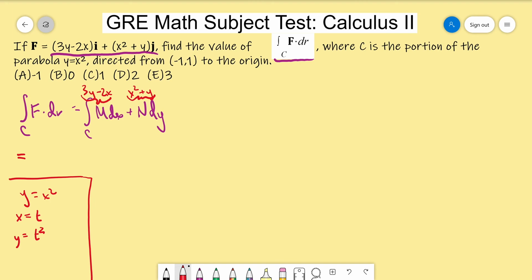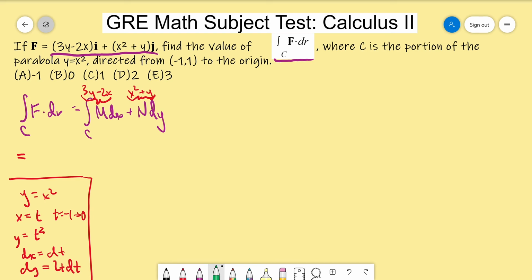Sorry, t has to go from negative 1 to 0 in this case, because we want to go from the point (-1, 1) to (0, 0). So that's our parameterization, and then dx equals dt, and dy is equal to 2t dt.